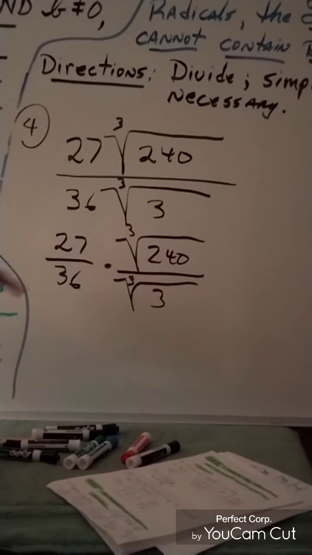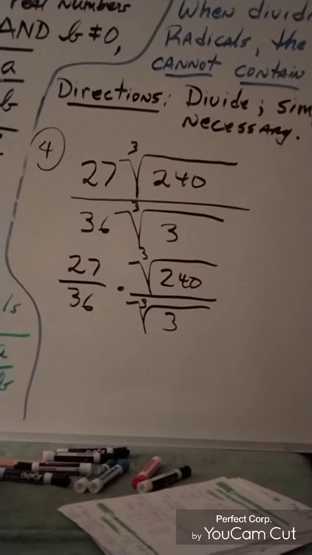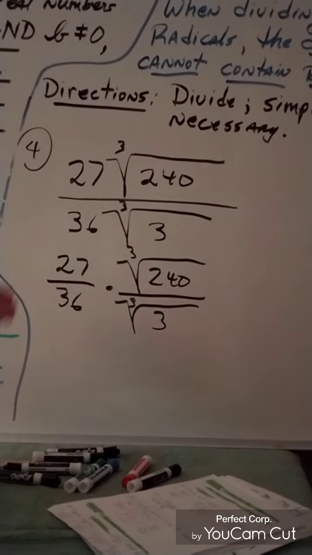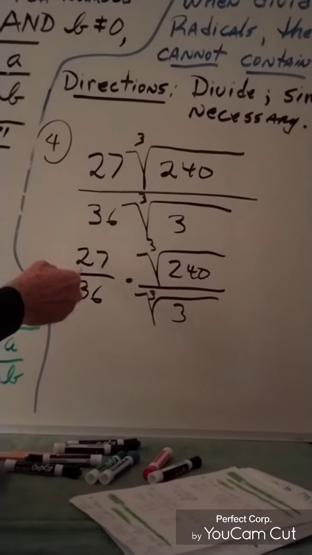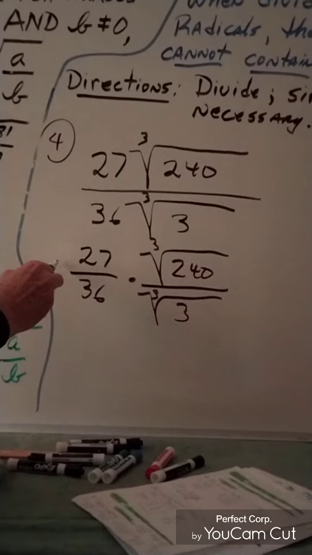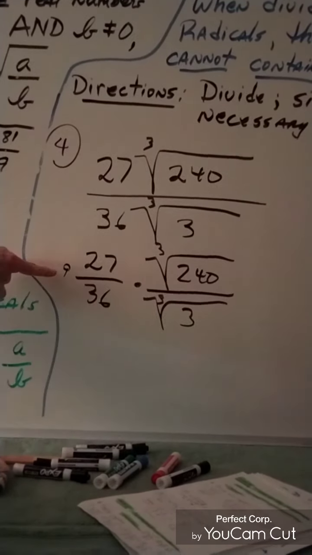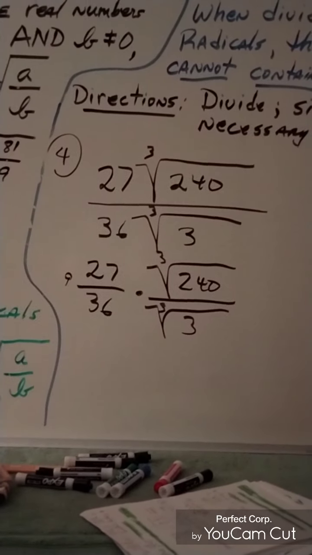Now 27 over 36, that's a proper fraction. It's not a situation where we can divide. We have to reduce it because it's proper. Now, I could prime factor those numbers, but I'm not, because we should be able to look at the denominator and the numerator and see that 9 would be the greatest common factor of both of those.